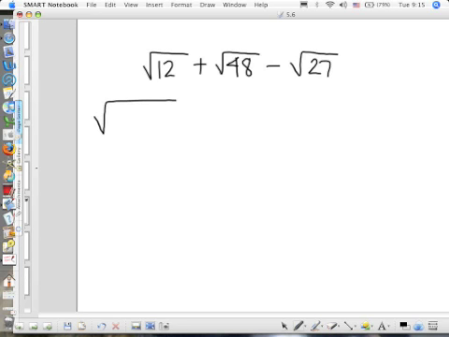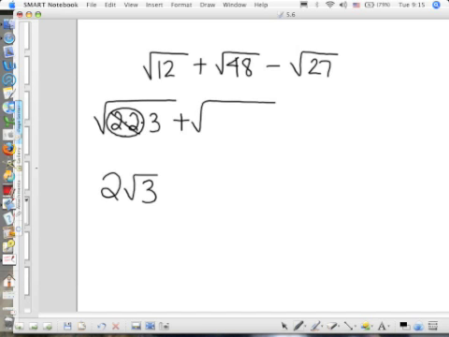All right, well, let's take 12. Remember, we're going to break this down to a product of its primes. What is 12? It's 4 times 3, and 4 breaks down to 2 times 2. All right, which means that I have 2 squared under this square root, so what can come out of here? A 2, and I still have a 3 left underneath. All right, now let's look at this second term. 48 reduces down to 6 times 8.